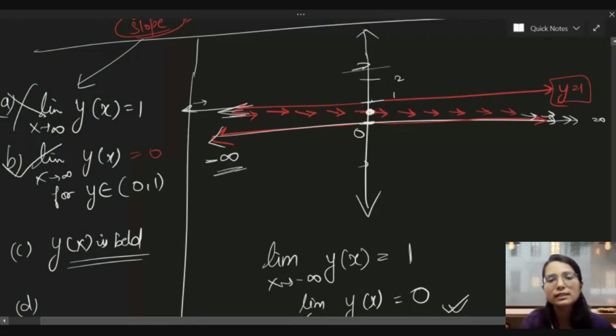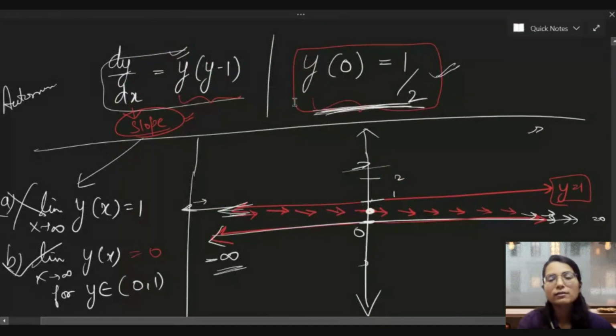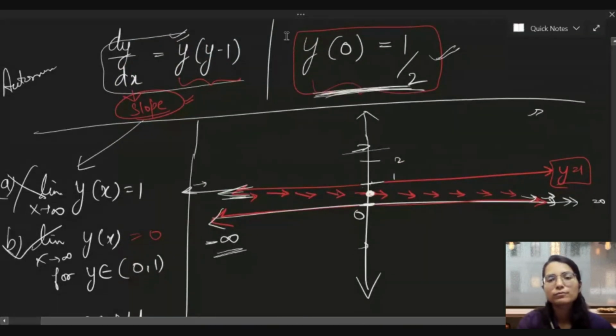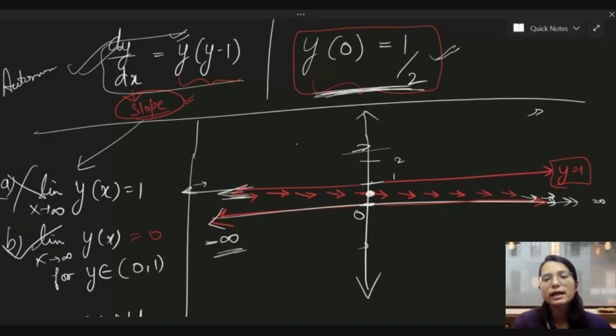Because we need to see which solutions are passing through this point. We need to consider the equation and the initial condition while solving a differential equation. So these are the only solutions to our differential equation because they pass through this particular point 0, 1/2 and they satisfy the equation also.